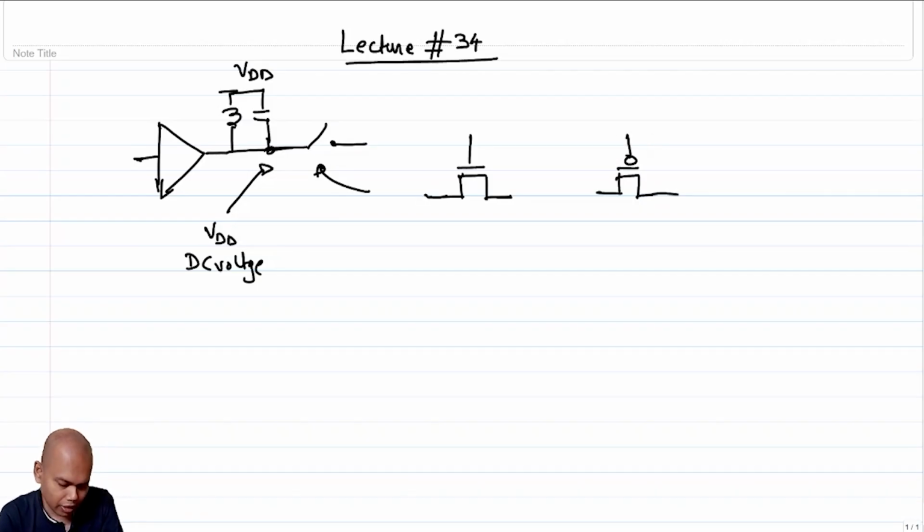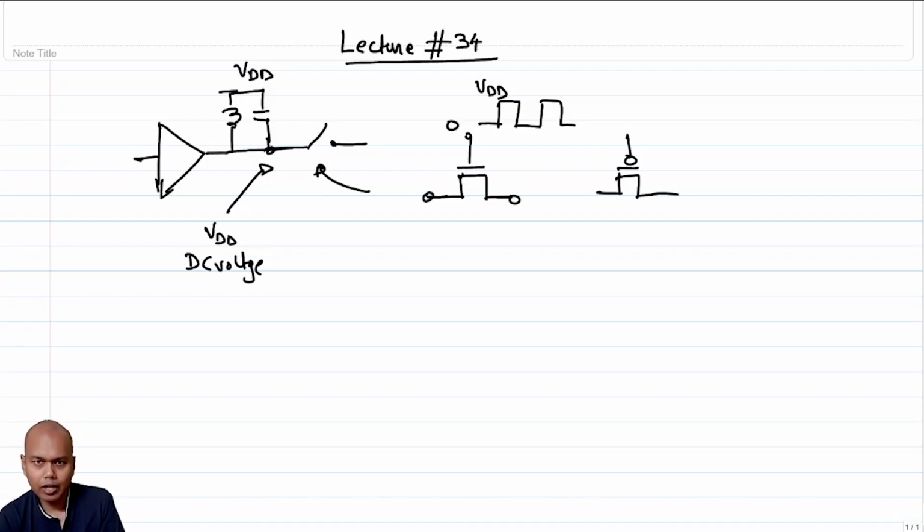And how do I turn a switch on or off? I'll have to probably put a clock here which goes from maybe 0 to VDD, right? When the gate is 0, then definitely the gate to source voltage is either 0 or negative depending upon what the source voltage is, which means the transistor is off. And when the gate is VDD, assuming that the VGS is higher than the threshold voltage, then the transistor is on, right?